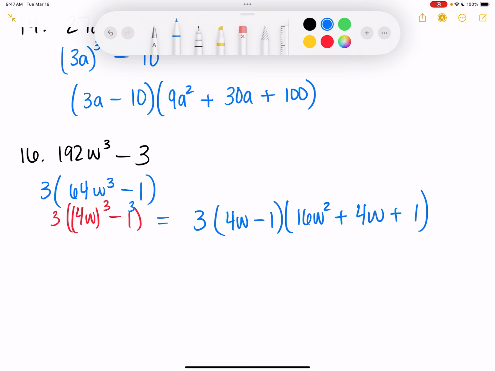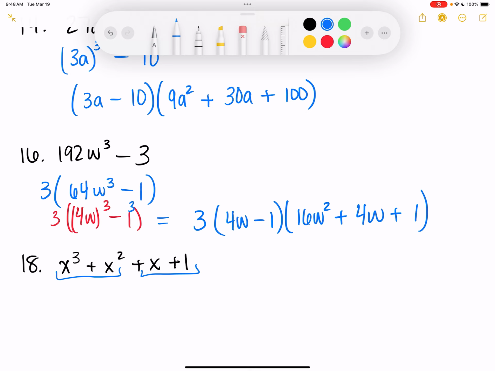All right, factor by grouping. 18. x cubed plus x squared plus x plus 1. So factor by grouping. These ones are just like what you do after you do the initial factoring for a typical 3-term thing. So we group the first 2 things and the last 2 things, and we factor stuff out.